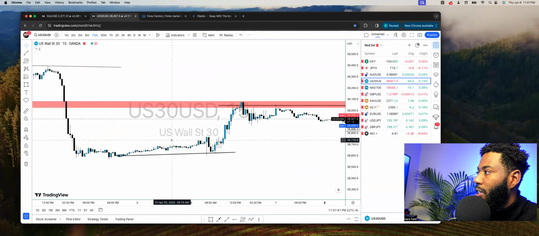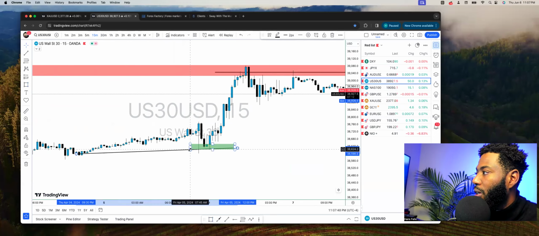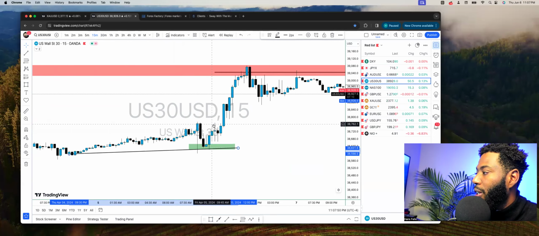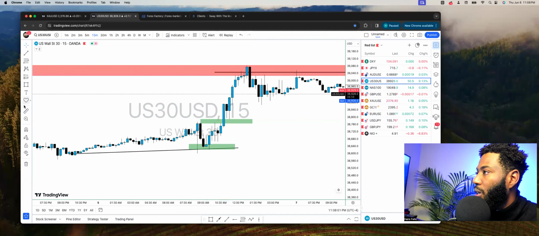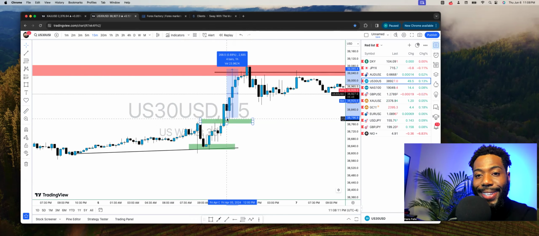On the M15, you notice that price still maintained this low by 9:30. You can see price did a break, retest, and by 10:15, 10:30, have another break and retest. And by 11, you can pretty much tell where the direction of the market is despite NFP. And this would more than likely be an entry for you. That break and retest would have been all you need to succeed.